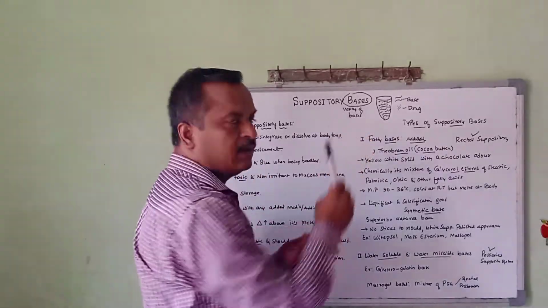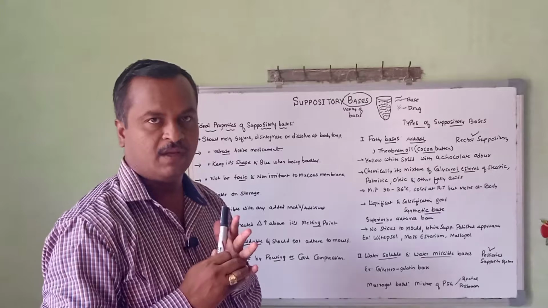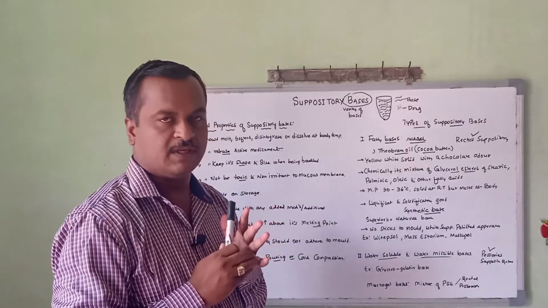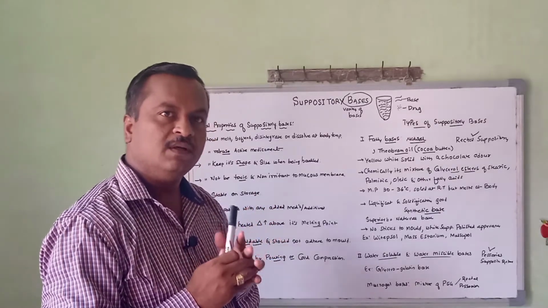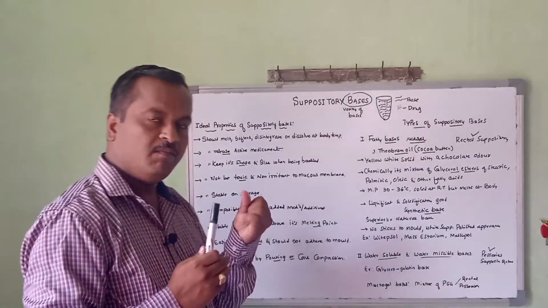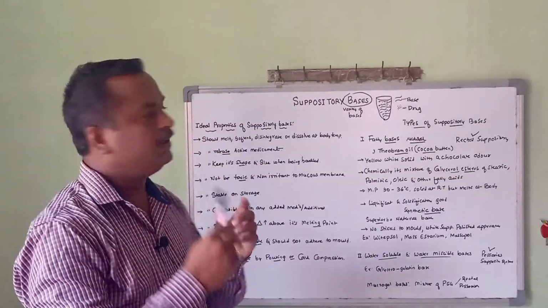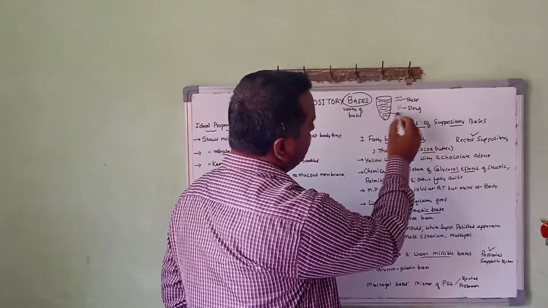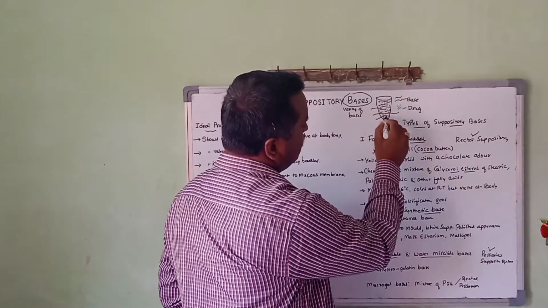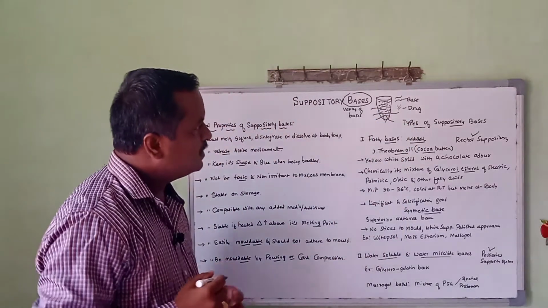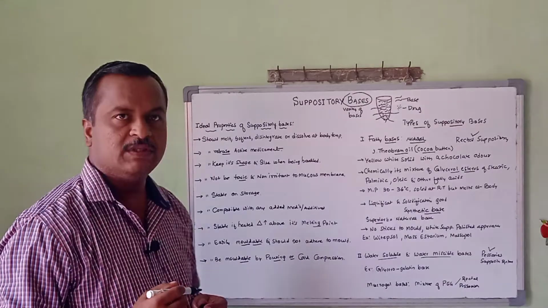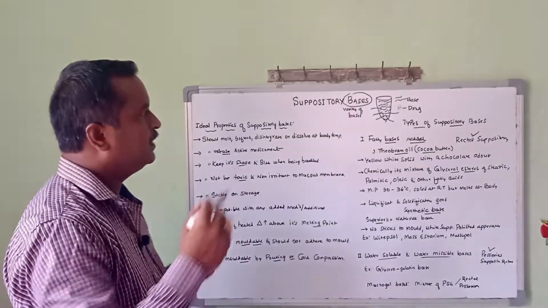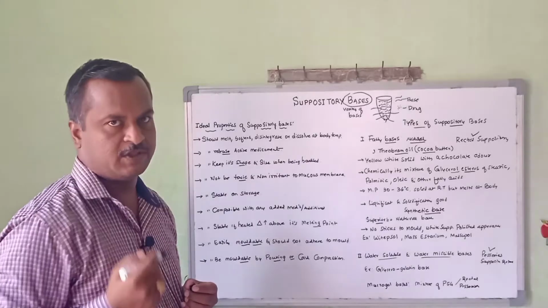These bases are semi-solid in nature at room temperature, and upon placing into the body cavity, the base melts, and thereby the drug molecule is released from the suppository and dissolves in the fluids present in the cavity, and thereby the absorption process takes place.